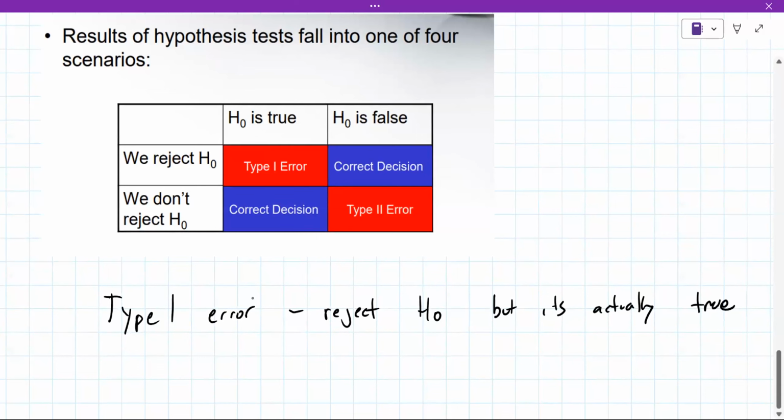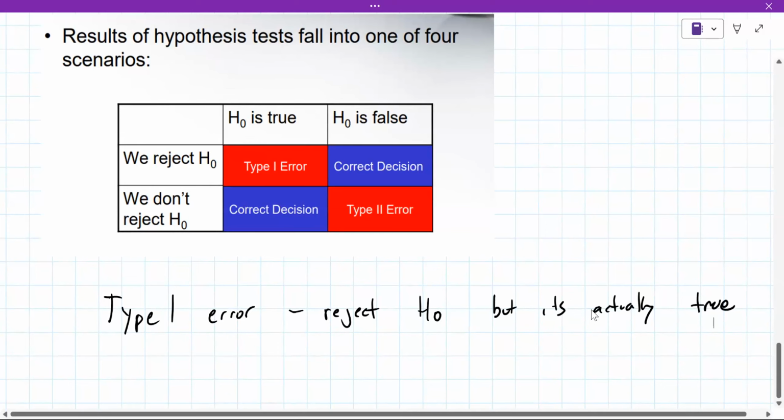Okay. So I can't help but think of scenarios that happen in real life where we think we reject something, but it's actually true. I could think of some if you'd like, but that's the key thing to remember.